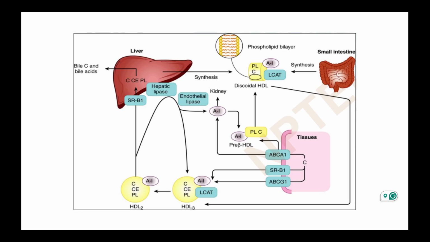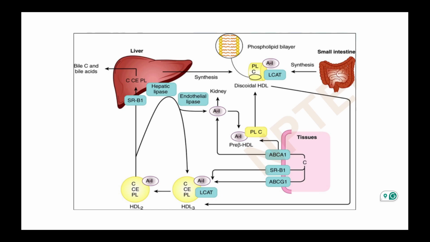Then this HDL3 gets converted to HDL2 by another protein, which we'll discuss in detail in the further questions, and later the cholesterol is transferred to the liver. So basically this pre-beta HDL takes up all the cholesterol from the extrahepatic tissues, that is all the tissues outside the liver, and transports the cholesterol back to the liver.